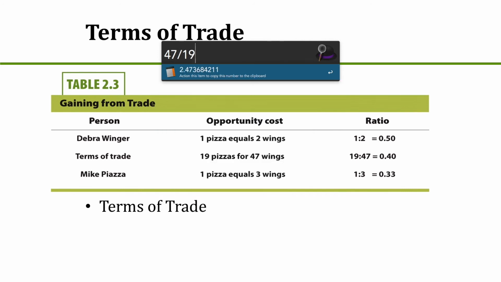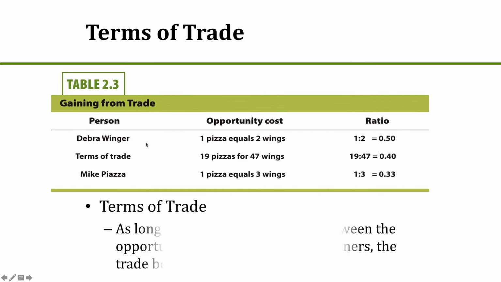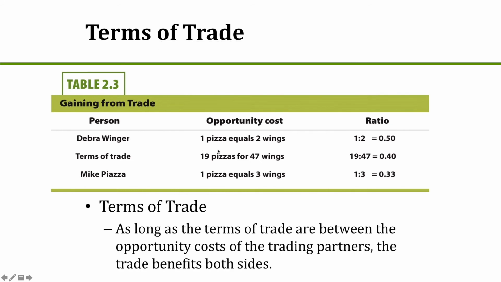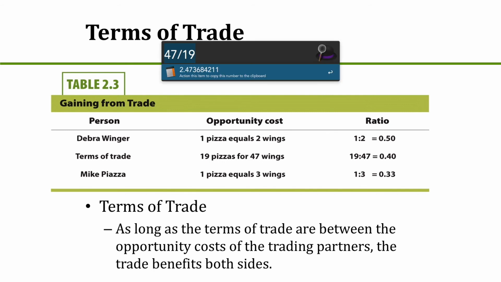So basically, Deborah here, in her mind, thinks that each pizza equals 2 wings. So Deborah gives 1 pizza to Mike, and in return, she's at least trying to receive 2 wings. But instead of receiving 2 wings, she's receiving 2.47 wings. So basically, she's better off.